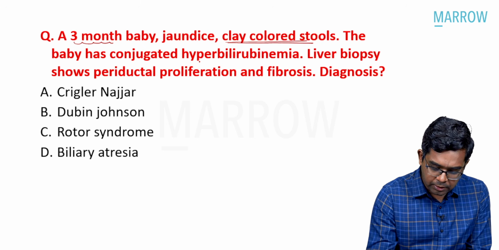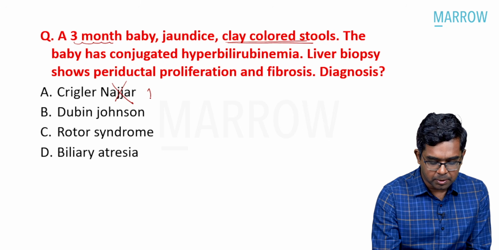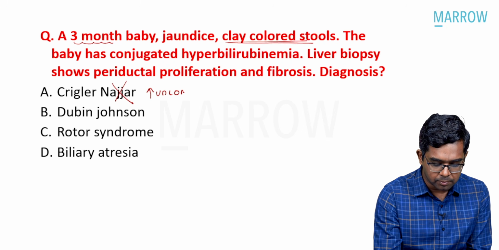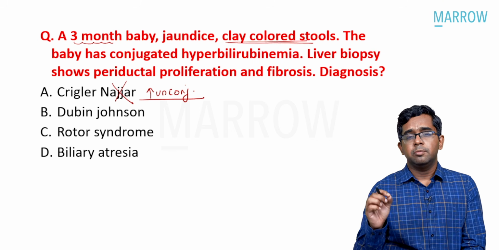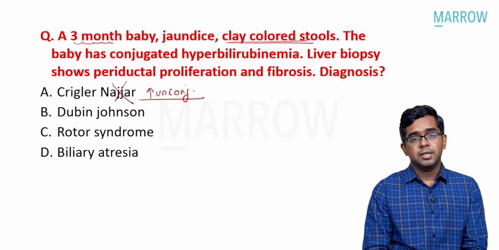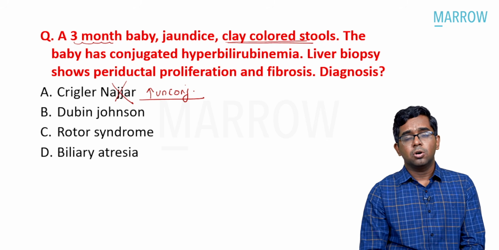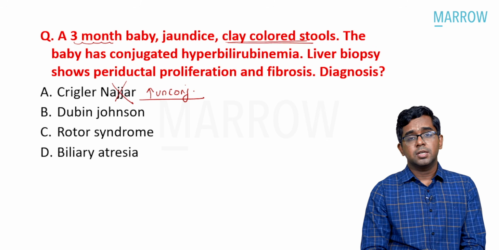In this particular condition, Crigler-Najjar syndrome is already out because it is characterized by increased unconjugated bilirubin. You all know that Crigler-Najjar syndrome is a condition of UDP-GT defect, or decreased conjugation, thereby resulting in increased unconjugated bilirubin. Whereas Dubin-Johnson, Rotor and biliary atresia are all characterized by increased conjugated bilirubin.